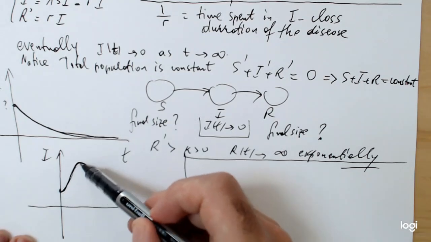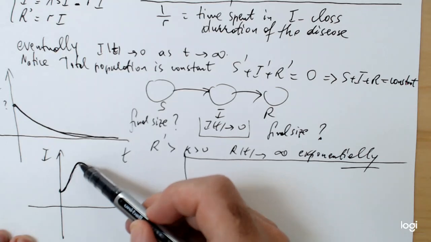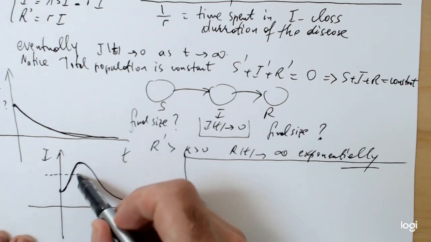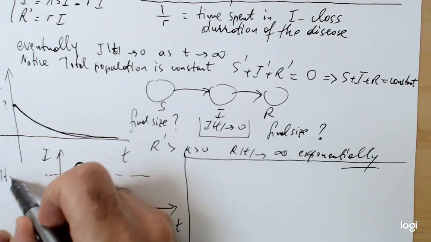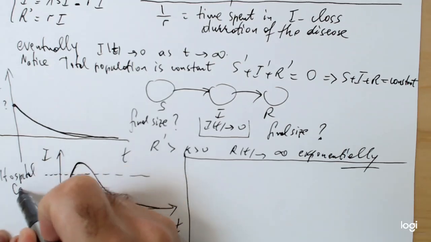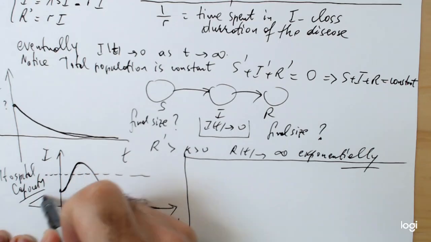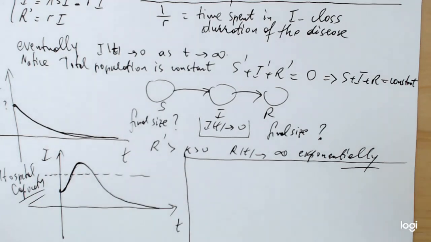The question is how big the spike is, because the worry is that you get to a point in which the number of infected people overwhelms the hospital capacity, and then you're going to have the problem of turning away sick people from the hospital. So that was the main excuse for the lockdown and all of those measures in order to flatten the curve.